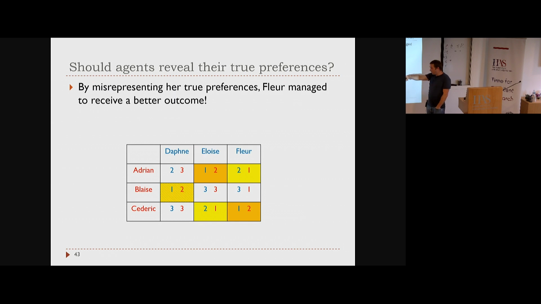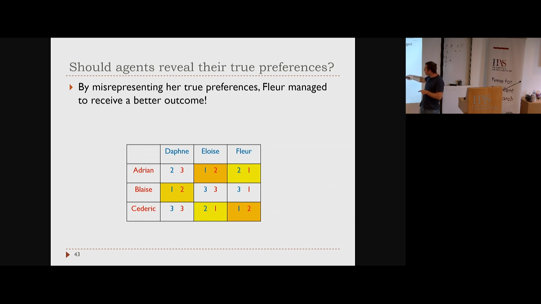And coming back to what you said before, when we look at what Flor had to do, she really had to know quite a lot in order to be able to manipulate that algorithm, right? She had to know that if she would reject Edwin instead of Blaise, then Edwin would propose to Eloise and not to Daphne, because if he would propose to Daphne, then the algorithm would be done and she would get stuck with Blaise.